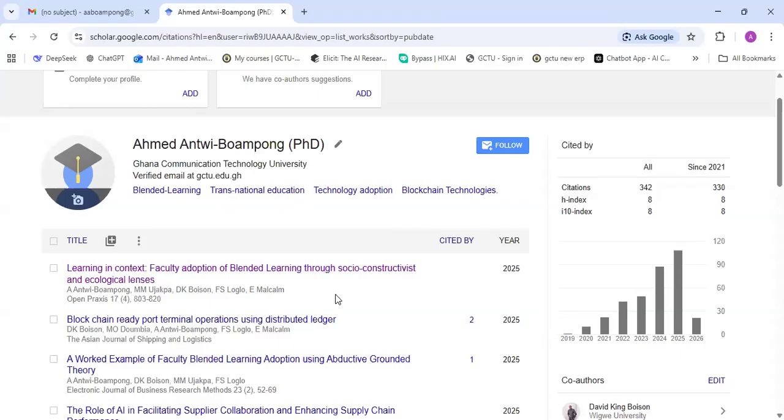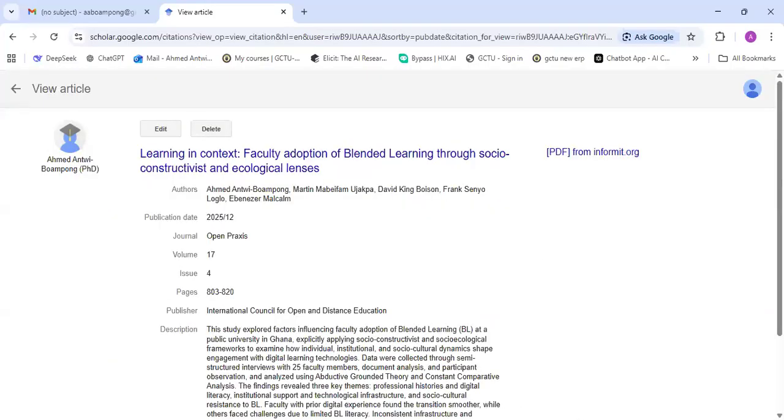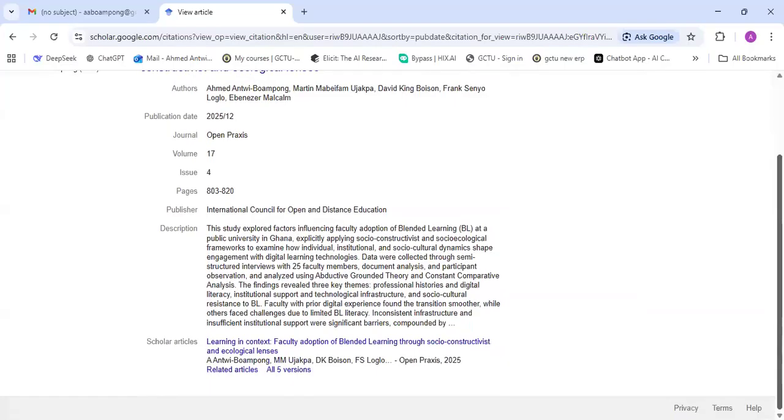All right. So this would constitute a primary source in that if I open it this way and just go through the abstract, it tells you that the study explored factors influencing faculty adoption of blended learning at a public university in Ghana, right? Now, data were collected through semi-structured interviews.